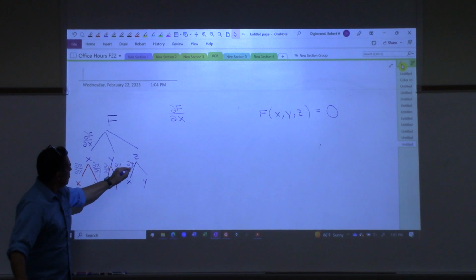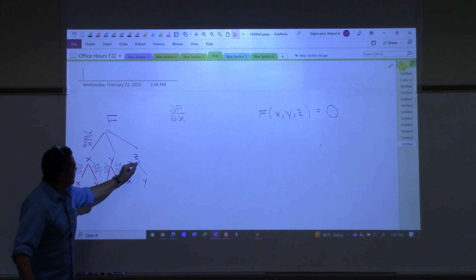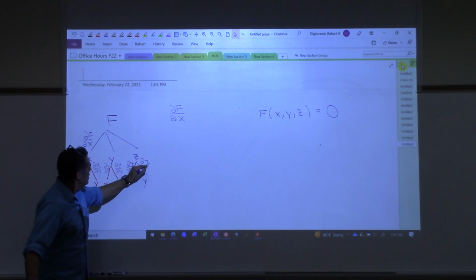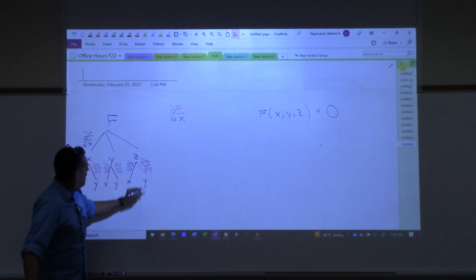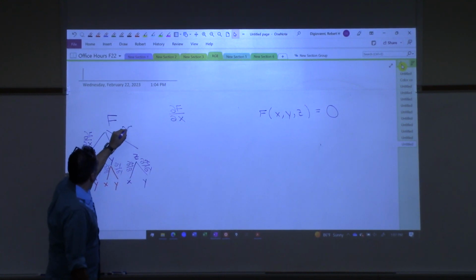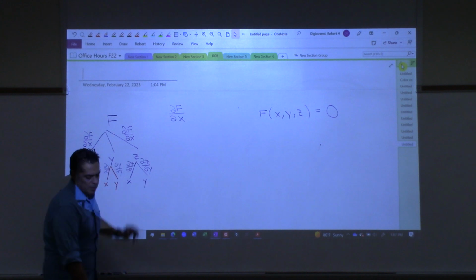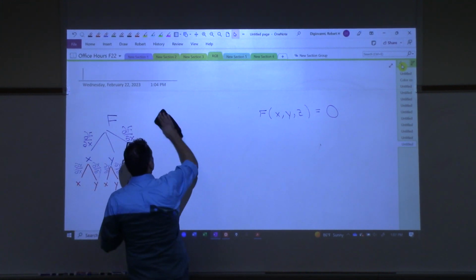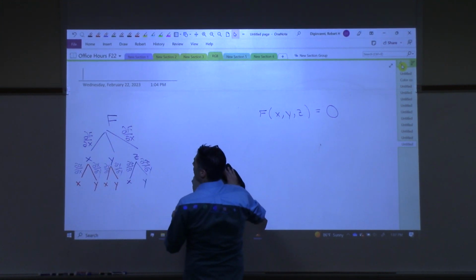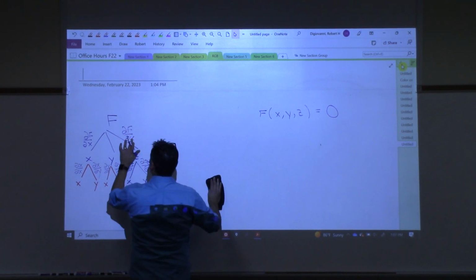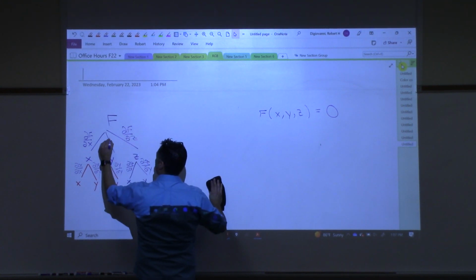Partial z with respect to x. Partial z with respect to y. And then this one right here, partial f with respect to x. Oh, z, yeah, thank you. I forgot the middle one. Partial f with respect to y.